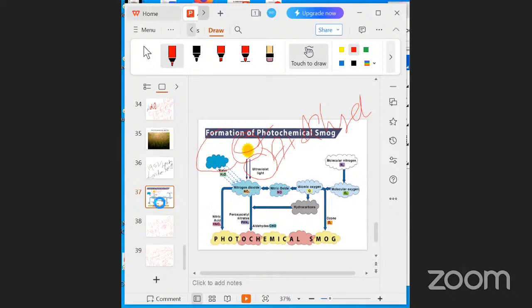When combined with hydrocarbons, it forms molecules that cause eye irritation. Some volatile organic compounds can cause cancer also. This is on human health. On the environment, it has devastating effects that affect growth in both plants and animals.